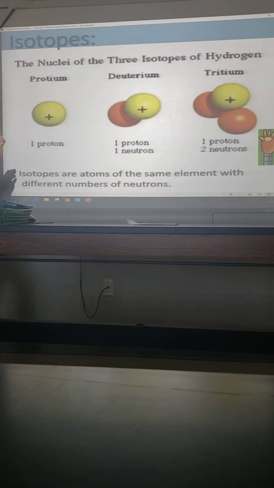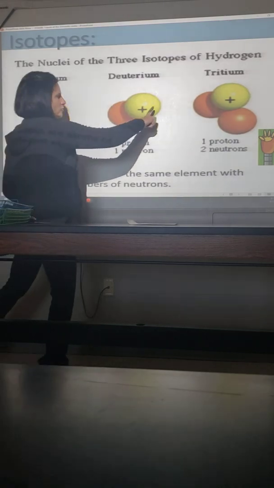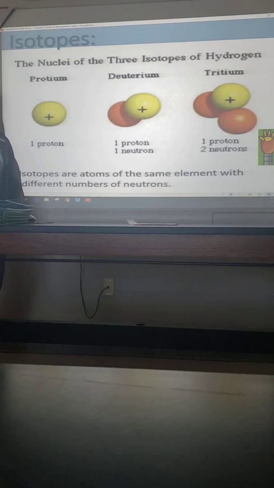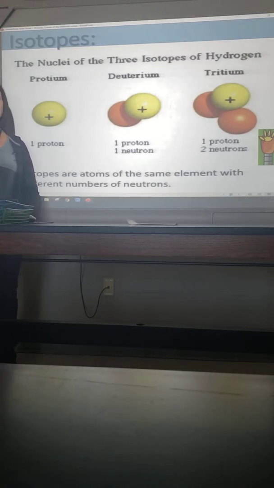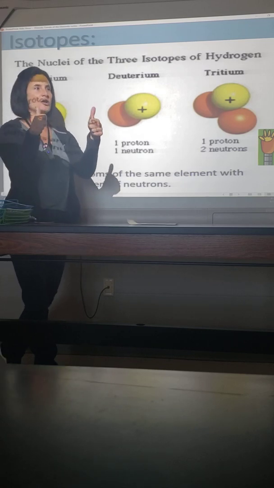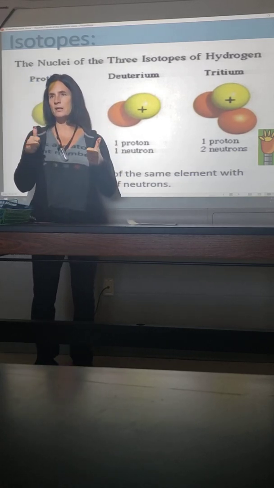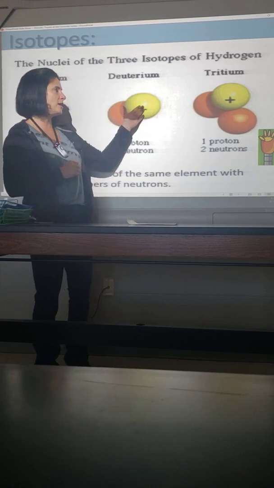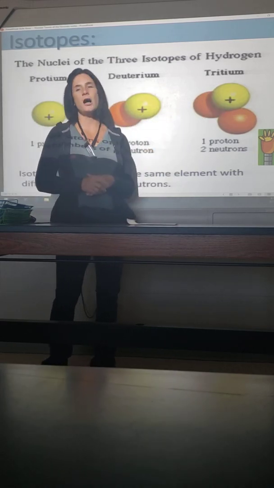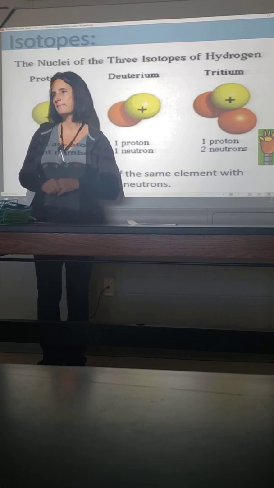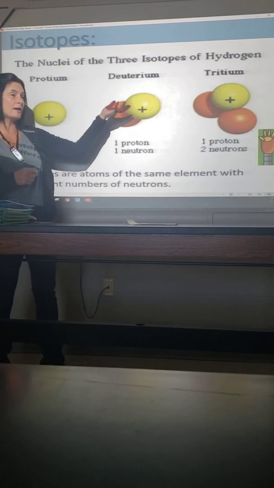So here we have hydrogen. These are all hydrogens because they have 1 proton. So that 1 proton identifies them. Remember, protons tell you, it's like the fingerprint, right? It's the permanent number. If I change my number of protons, I'm gonna change what I'm dealing with. If I go 1 more proton, now I have helium.